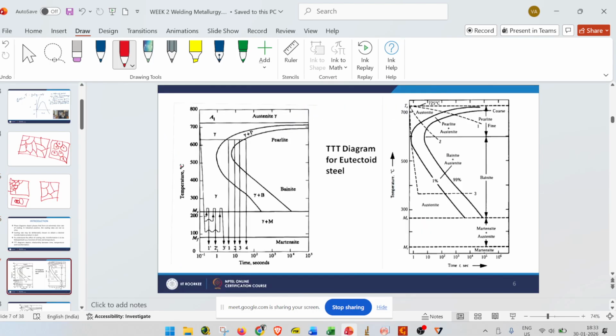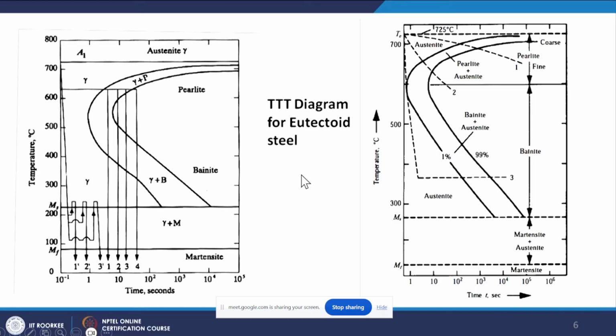Here we can see what is called a time temperature transition diagram. We can see the austenitic phase above 700 degrees.